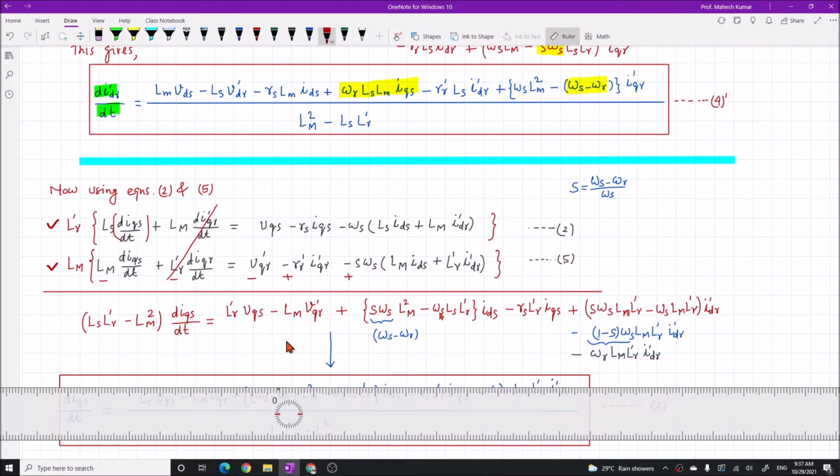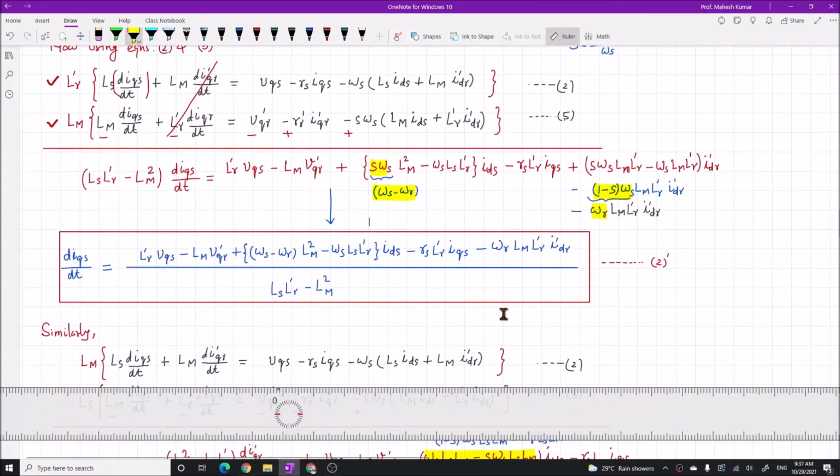On the right hand side we have simply addition of these terms, and there is a similar simplification: 1 minus S into omega S is replaced by omega R, and S omega S is replaced by omega S minus omega R. So with this simplification we will get the term for diqs/dt.